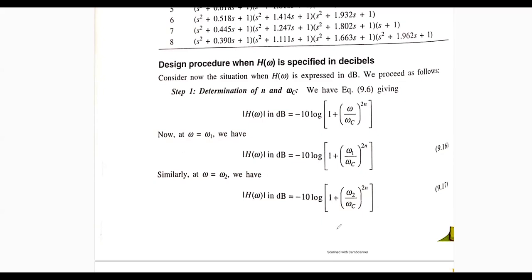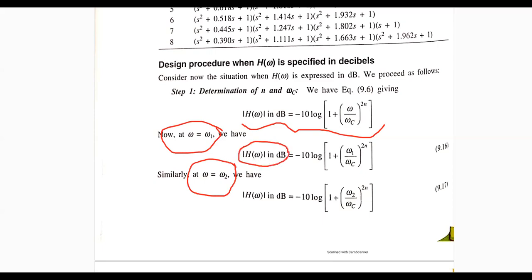Okay. So at the very beginning, we have the equation. This is the fundamental equation. Since we have two values, omega equals omega 1 should be given and omega equals omega 2 is given, and for that, we should know the gain at omega 1 and the gain at omega 2.